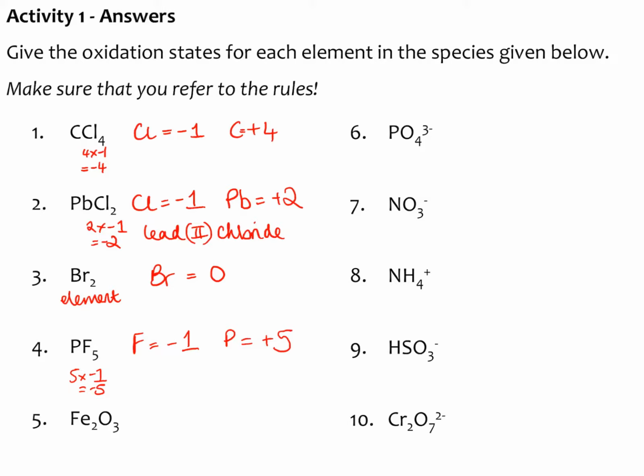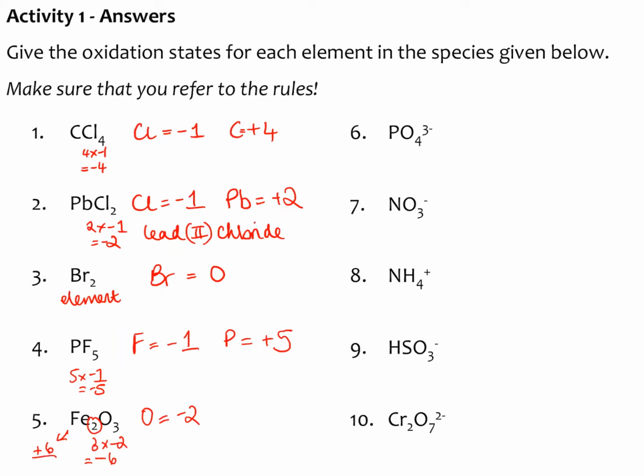For Fe2O3, there is no rule for iron, but there is a rule for oxygen. This is iron oxide, it's not a peroxide, and there's no fluorine, so the oxygen has to be -2 according to our rules. Now the oxygens, there are 3 of them, so the oxygen contributes a -6 overall to this compound, which means that the irons have to contribute a +6 overall.